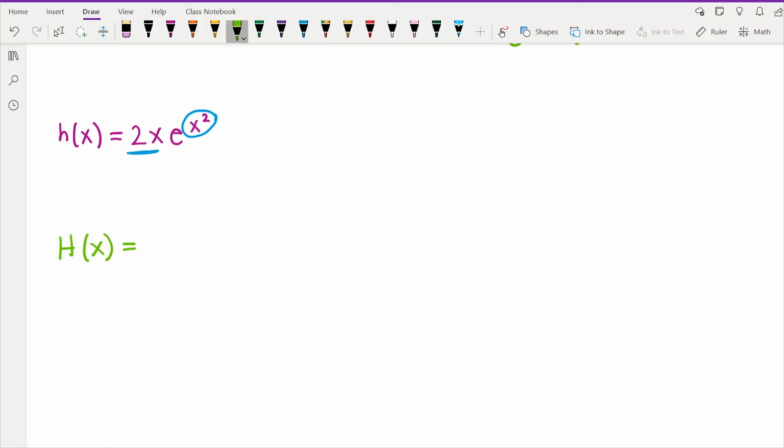So let's try our original function as e to the x squared plus c, and we'll see what this comes out to be. So what would happen if we were to take the derivative of this? Well, we would use the chain rule, right? And so the chain rule would tell us to first do the outside part of the derivative, so e to the x squared, and then we would take the inside part of the derivative.